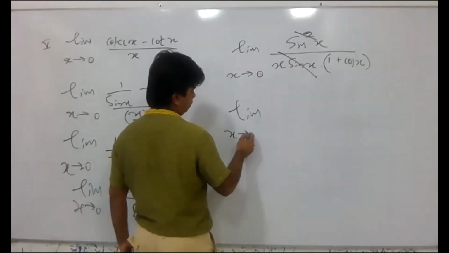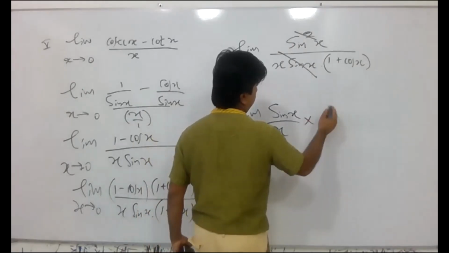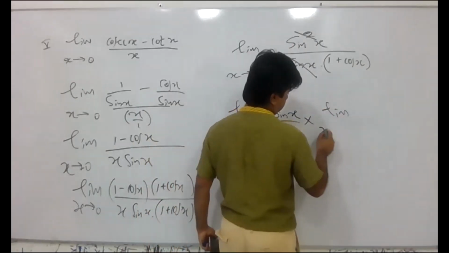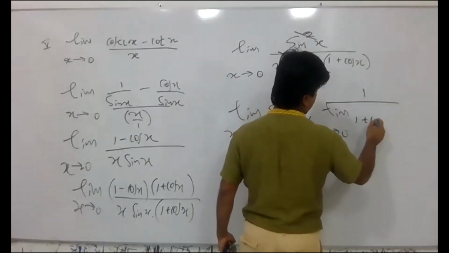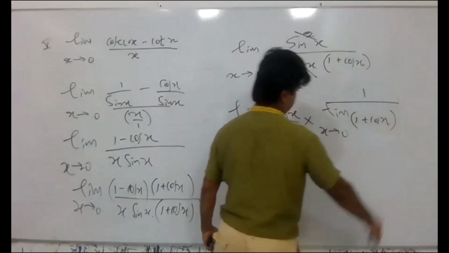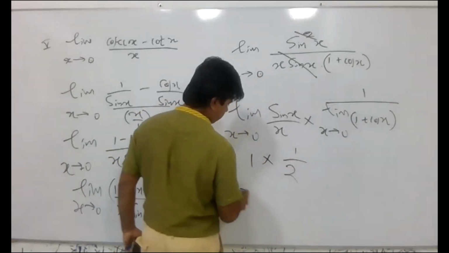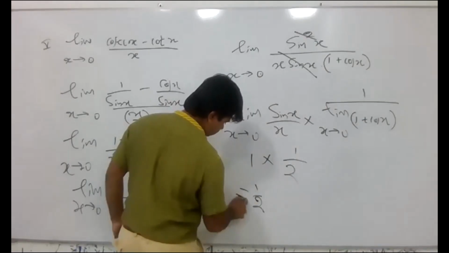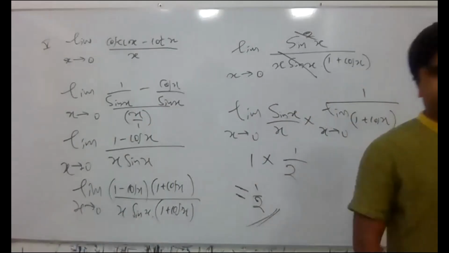Then limit x goes to 0 of sin x over x times limit x goes to 0 of 1 over 1 plus cos x. Now here the answer is 1, then 1 over 2, the answer will be half, right? That's the final answer, right?